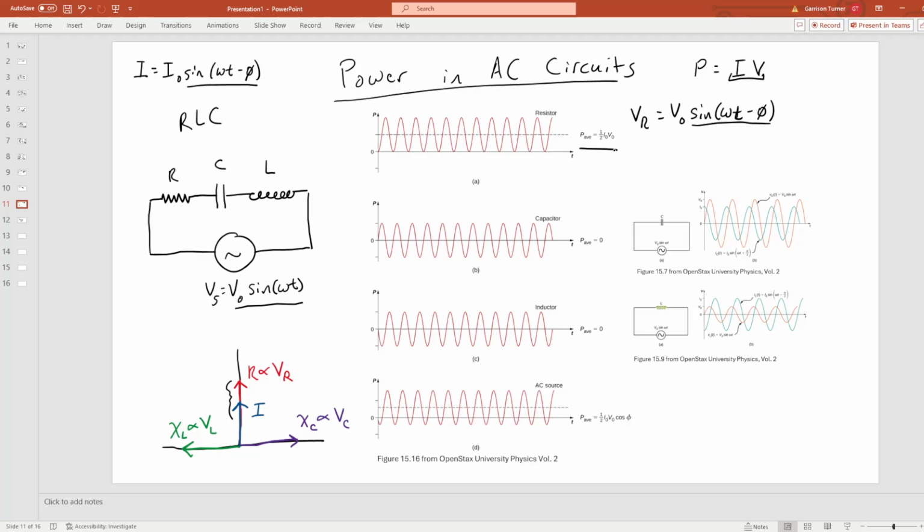For a capacitor, remember that the current leads the voltage by 90 degrees.